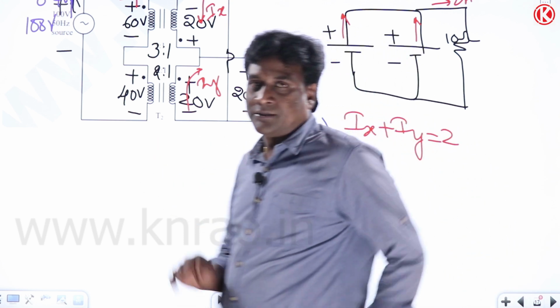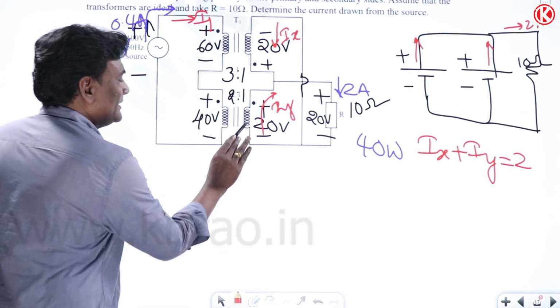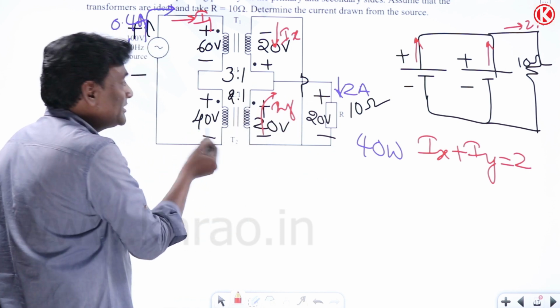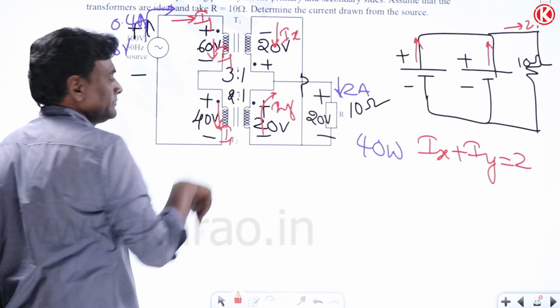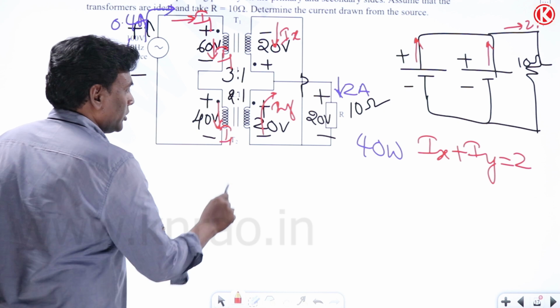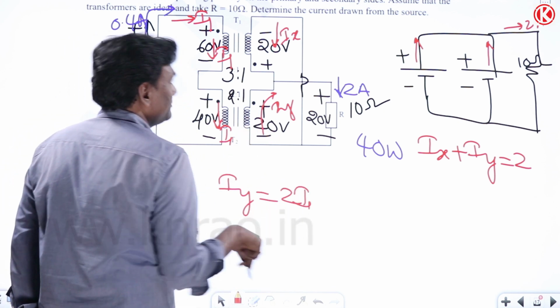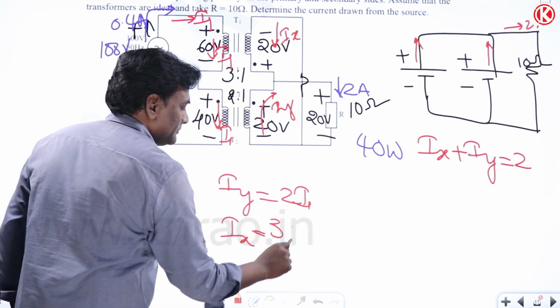It's fine, simple. Okay, see here, this is LV, this is HV. LV side current should be more, HV side current should be less. Here also I1 current, here also I1 current. So this side current should be less, this side current should be more. So Iy equal to 2 times I1, and Ix equal to 3 times I1.